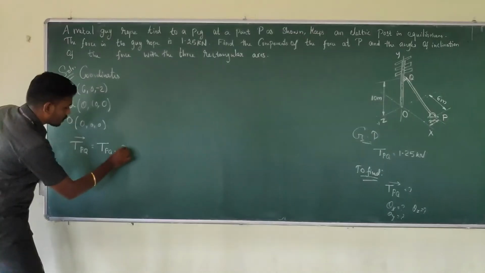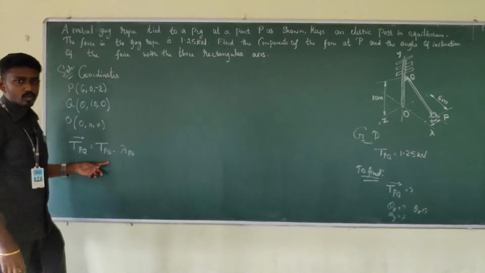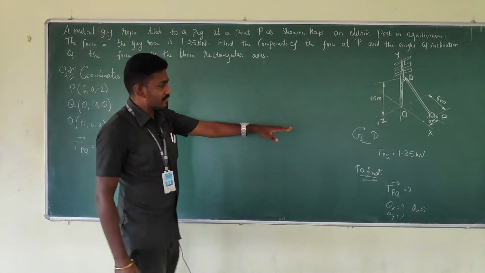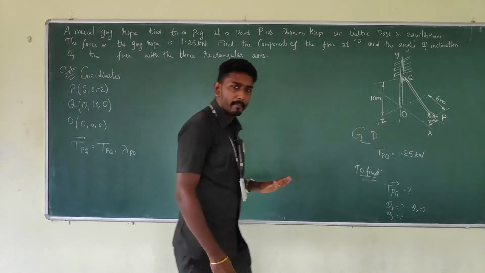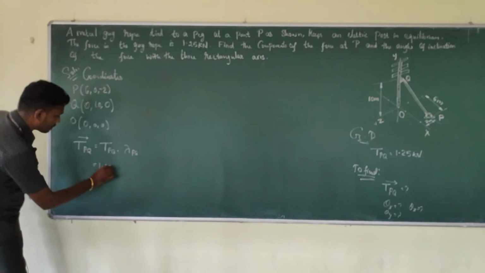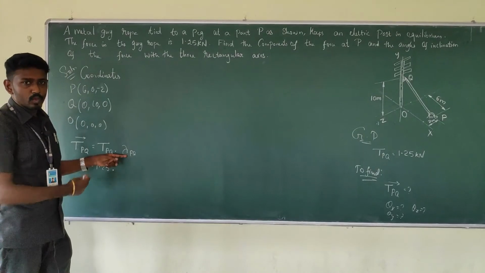The unit vector at the PQ. Okay. So here for T_PQ the question itself gives an answer 1.25 kilonewton. So directly we can substitute it 1.25 kilonewton dot this unit vector.